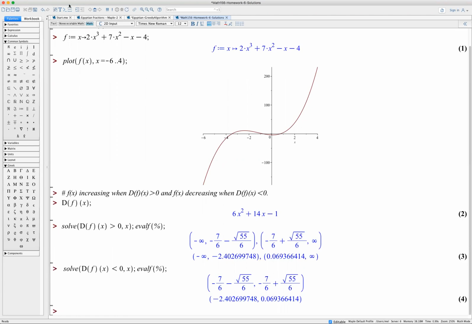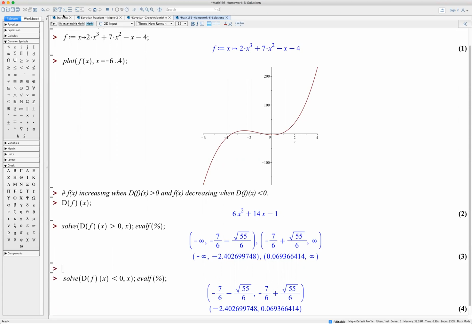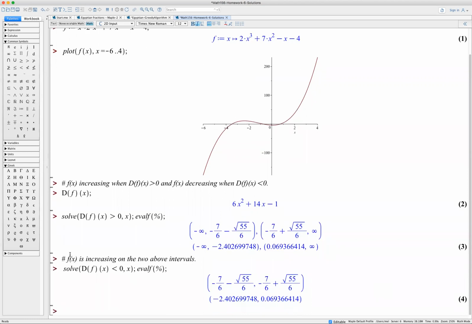So let me just make a comment. f of x is increasing on these 2 intervals, and f of x is decreasing on the 1 above interval.